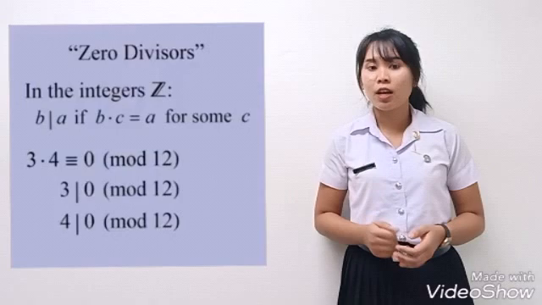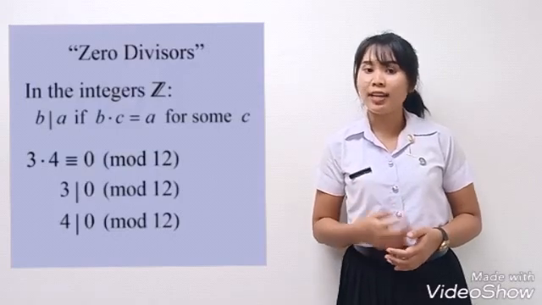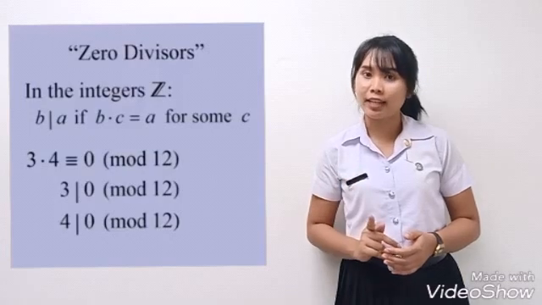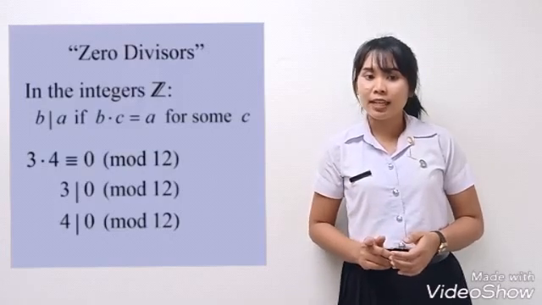Zero divisor. This name was chosen because division can be defined in terms of multiplication. For example, when working with integers, we say b divides a if b times c equal to a for some c.